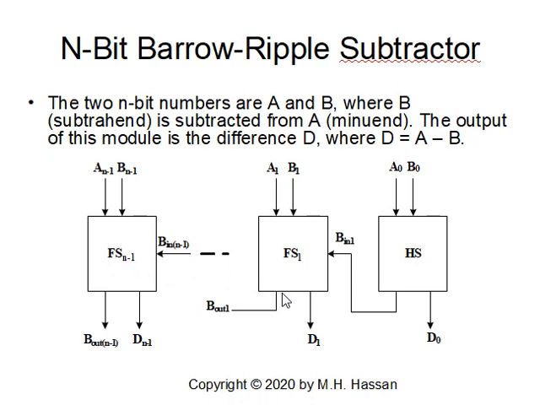And the output will be the difference D0. Then you take the B out as a B in to the next stage, and D1, then the B out, you take it as a B in, and so on to the next stage until you get the output.